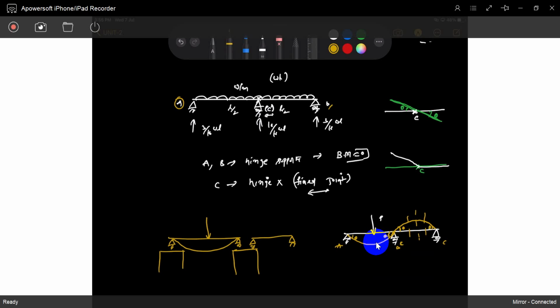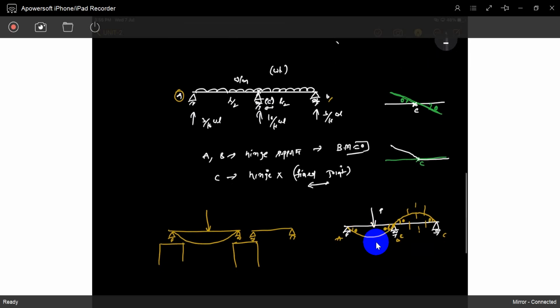Are understood? So now we will see. We already wrote it. So what is the bending moment at B?